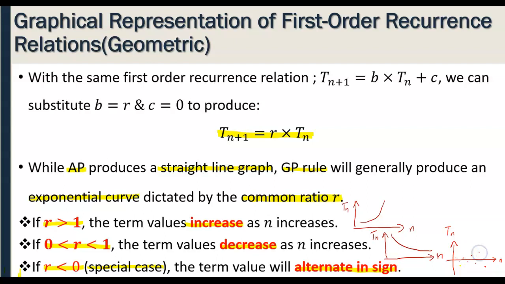Alternate in sign. And this is how your graph will look like. It actually alternates in sign.